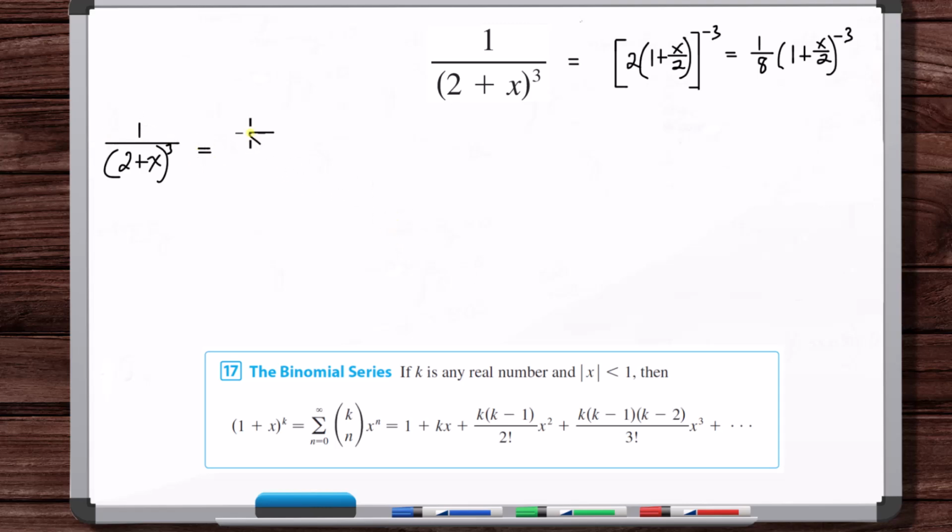Okay, let's bring out the 1/8, and we've got minus 3, choose n, times x over 2 to the n.